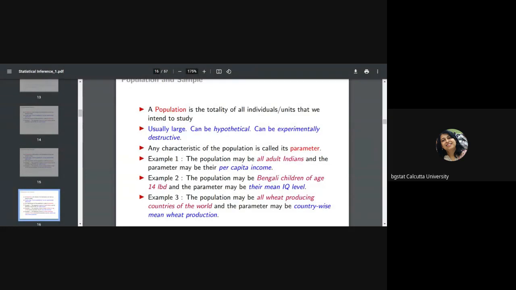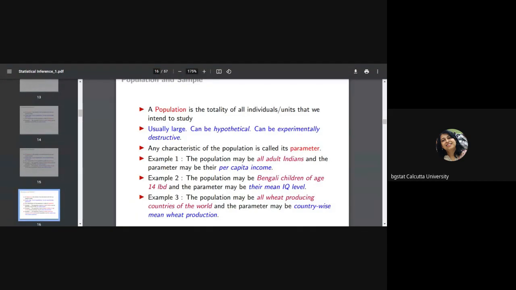LBD means last birthday. So when you ask somebody age varies over time. You have to specify a point of time. We usually ask the age on their last birthday. So the parameter of interest could be their mean IQ level. So you know what these quantities mean. The mean, the variance. Per capita means that it's the income divided by the population.